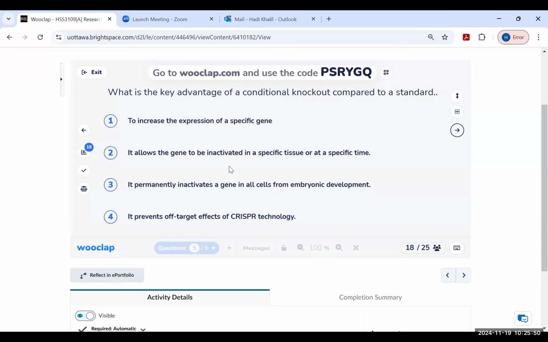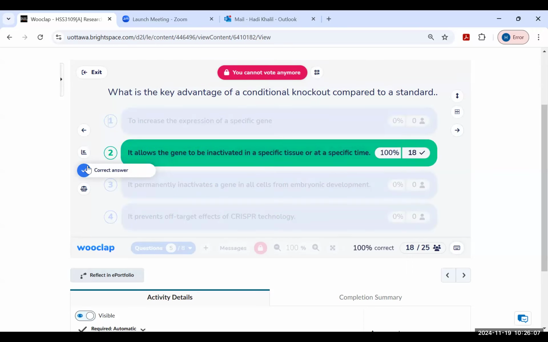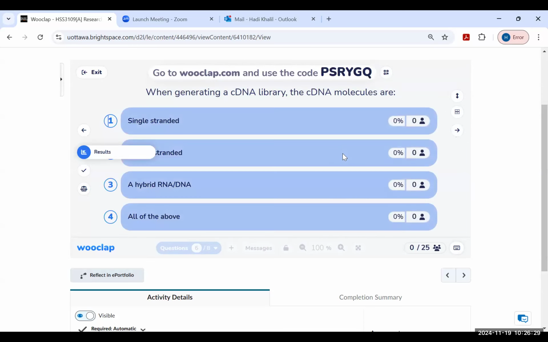Is it to allow the gene to be inactivated in a specific tissue and time? Is it to permanently inactivate the gene in the embryonic stem cells? Or to prevent off-target effects of CRISPR technology? The answer is it allows the gene to be inactivated in a specific tissue at a specific time. So the conditional knockouts offer you this practicality that the general knockouts do not. Next.